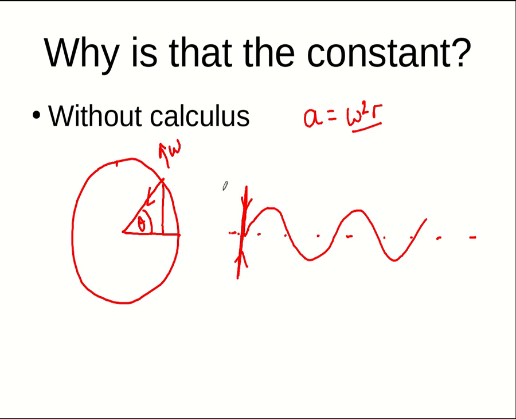We're interested in the component of the acceleration in this direction, or this direction. So we'll look at magnitudes initially, and we'll worry about direction later. So if you look at the extreme position, where the radius is round to this point here, then the component of the acceleration in that direction is the whole of that.